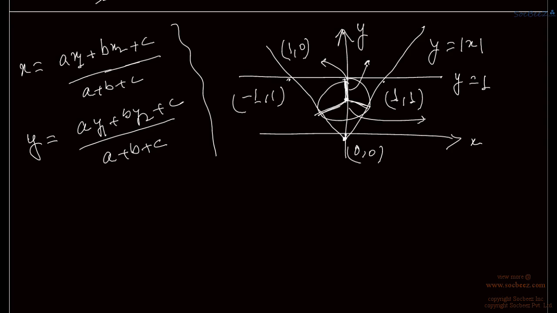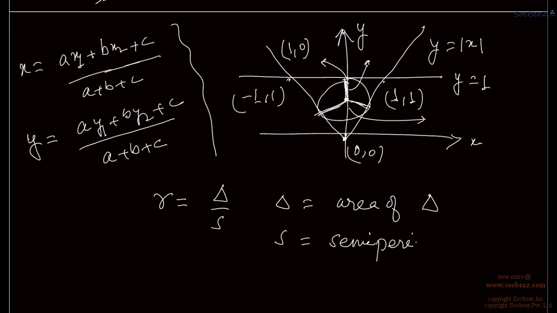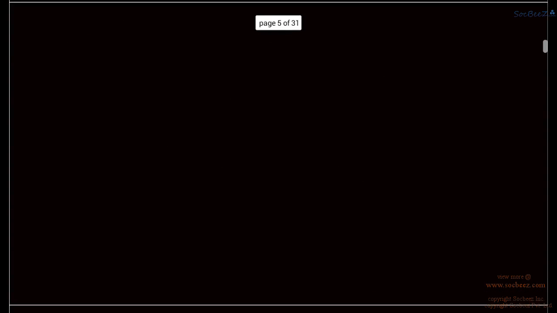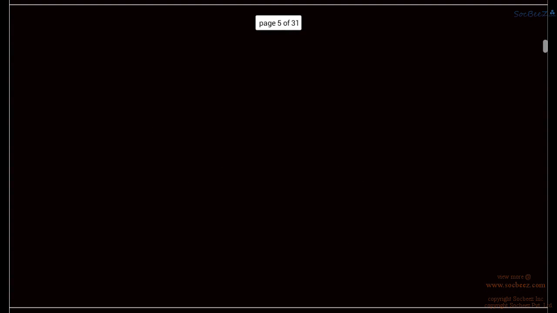In trigonometry we use a formula for inradius. r is delta upon S, where delta is the area of the triangle and S is the semi-perimeter, that is a plus b plus c upon 2. So first we have to find the lengths of all three sides, which is not a tedious job in this question.